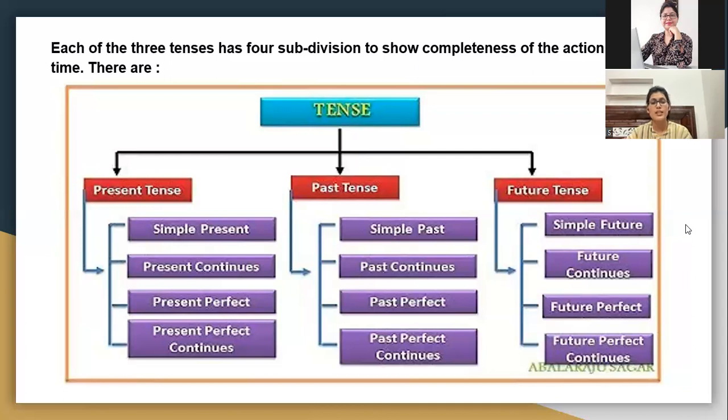Past tense has four parts as well: simple past tense, past continuous tense, past perfect tense, past perfect continuous. Future tense also has four parts: the simple future, future continuous, future perfect, future perfect continuous.